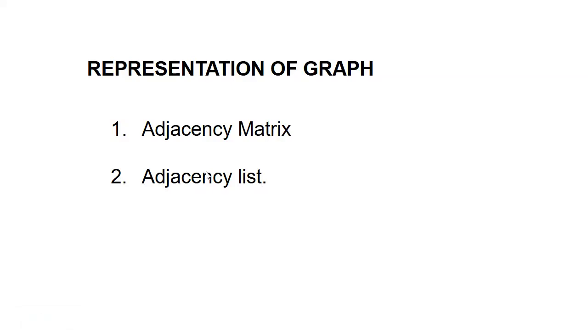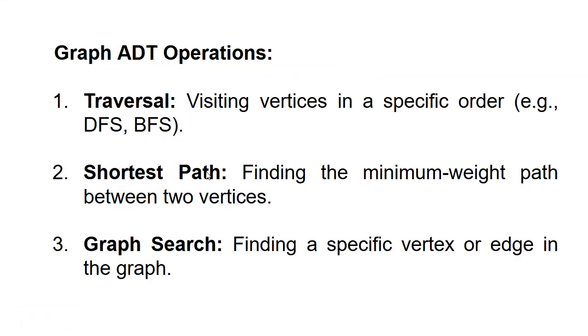Before this representation, we see the types of operations on graph ADT. First we have to create a graph and insert the nodes, delete the nodes, similarly traverse the graph ADT, and check if there is a path between two data and whether there are any vertices or not.